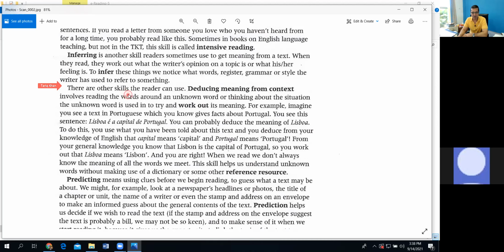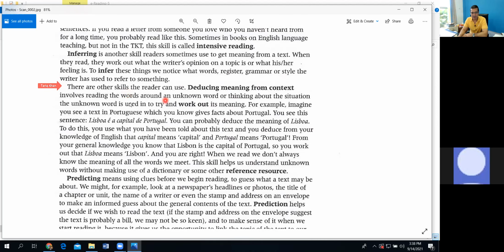Right. After that, there are other skills the reader can use, like deducing meaning from context. It involves reading the words around an unknown word or thinking about situations the unknown word is used in to try and work out its meaning. They have given the example of Portuguese.